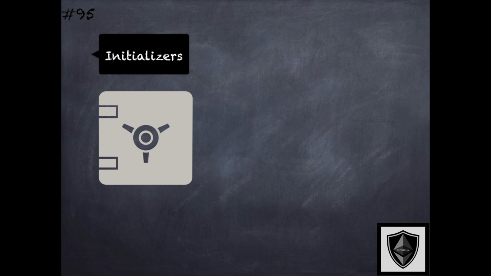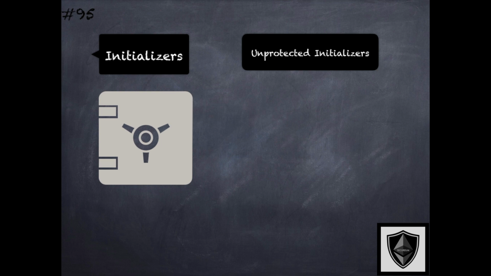This particular pitfall on this slide is related to the use of initializers in such a setup, and specifically those initializers being unprotected. Recall that in this proxy setup, the implementation contract cannot use a constructor to initialize its state because it is really working with the state of the proxy contract that does a delegate call.